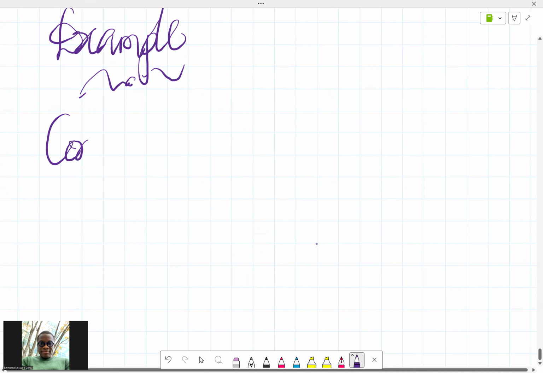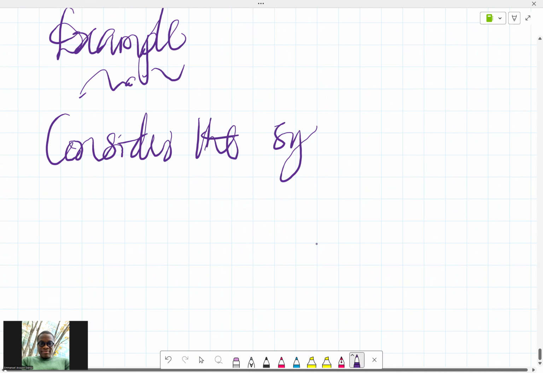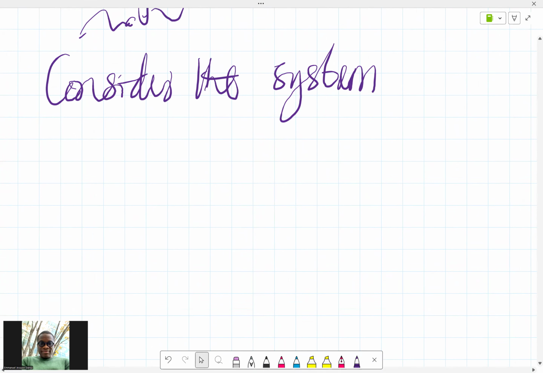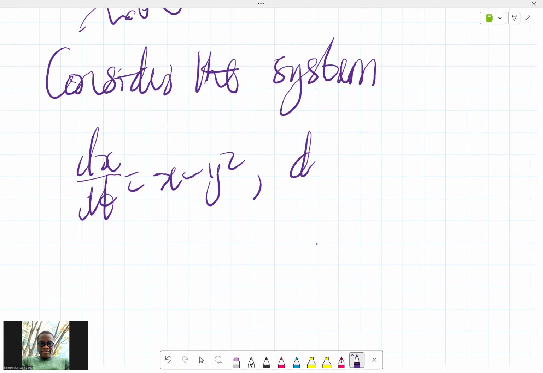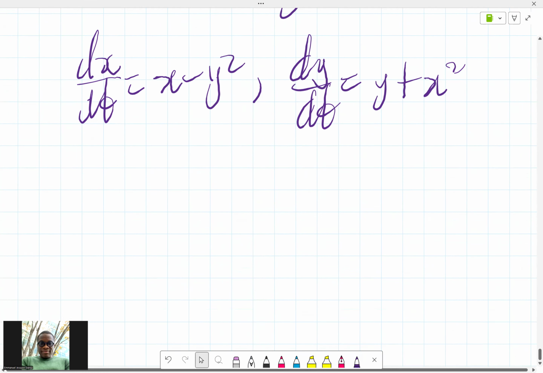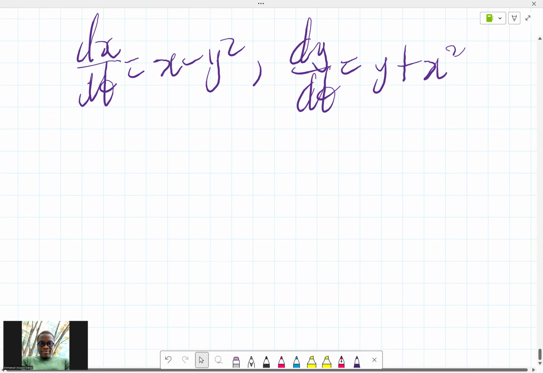So, consider the system dx/dt equals x minus y squared, and dy/dt equals y plus x squared. The first thing we want to do is find the equilibrium points.